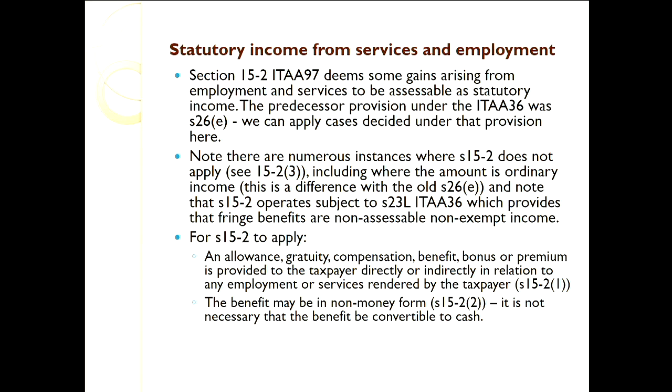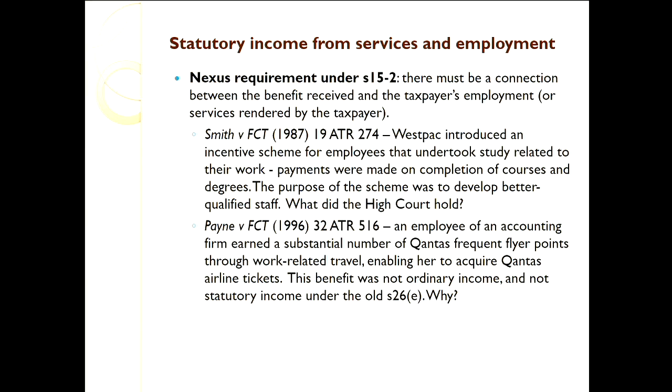Why it's frustrating, when we're going to go to two cases now, is that whilst we do have cases on it, these cases, right, were decided under the old equivalent provision, Section 26E of the 36 Act.